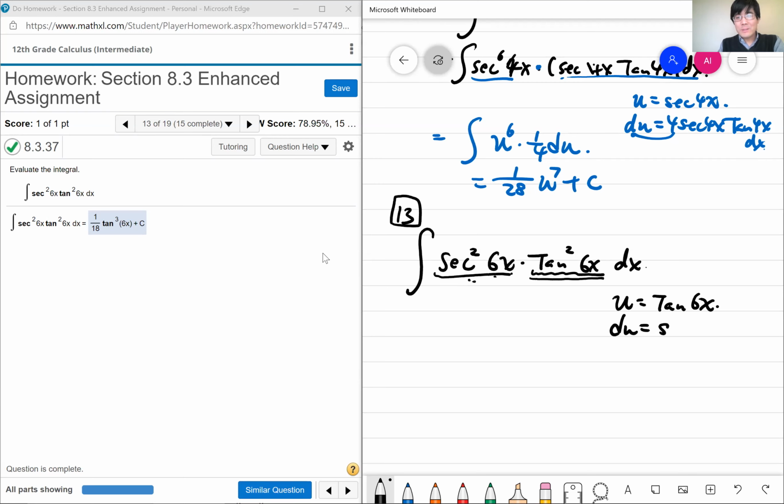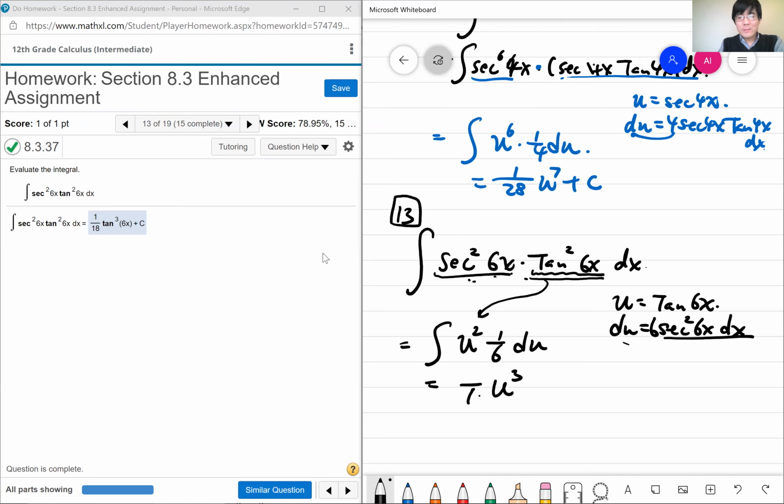Then du is secant squared 6x dx times 6. So after substituting, you want to get u squared du divided by 6. After integrating it, you're going to get u cubed divided by 3, and you bring back in tangent x.